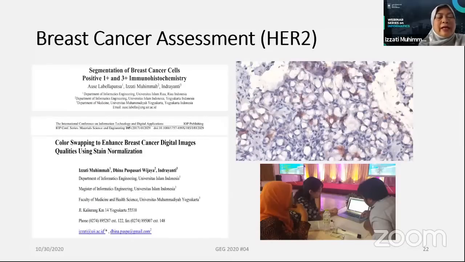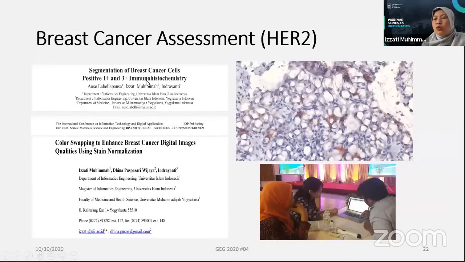Because if they're actually not 3+ and the patient gets the medication, the body cannot absorb the medicine. That's the problem, so the identification in this test is crucial, because it gives the patient the correct medicine to be taken.